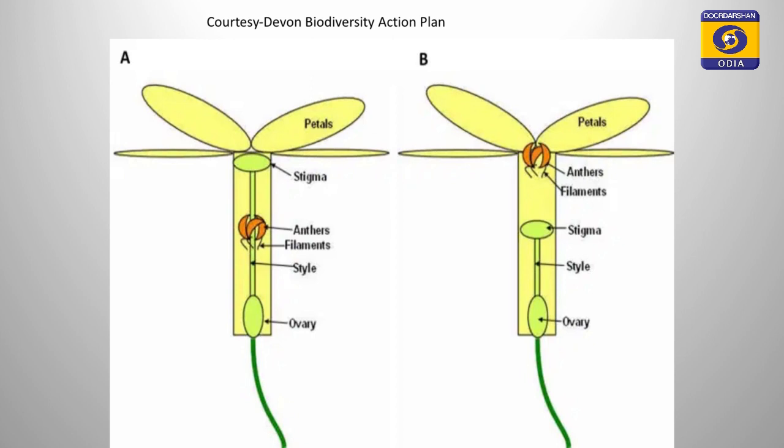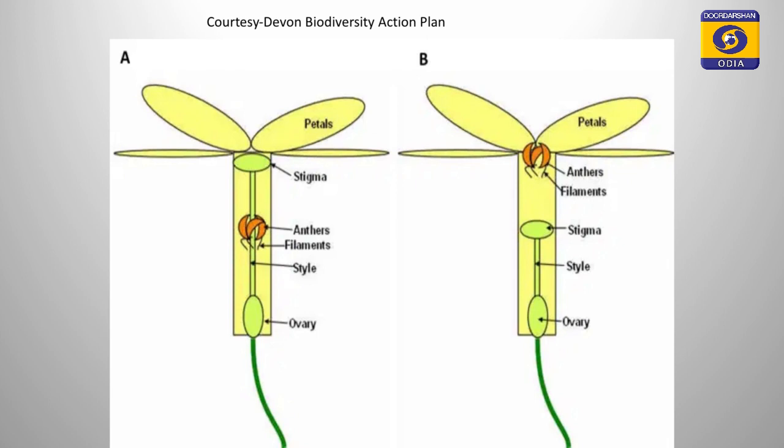So, this is a condition seen in case of Primula flower. This was discovered long back by Darwin, the pin-eyed and thrum-eyed. So, in picture A you will find the pin-eyed flower, and in picture B you will find the thrum-eyed flower.